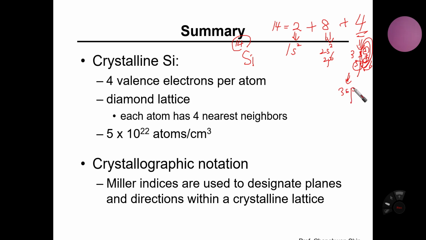Those four valence electrons will be freed, and they are the main characters that carry current in DRAM, NAND, transistors, PN junctions, diodes, all the electronic components. Whenever you are talking about how current is flowing, always remember the four outermost electrons of the silicon atom are the main ones.